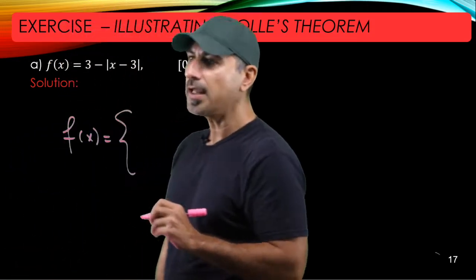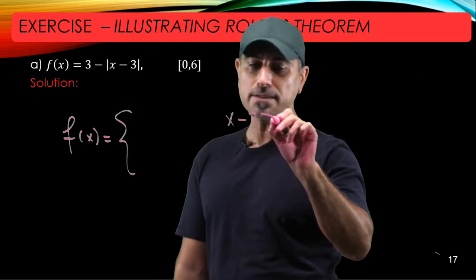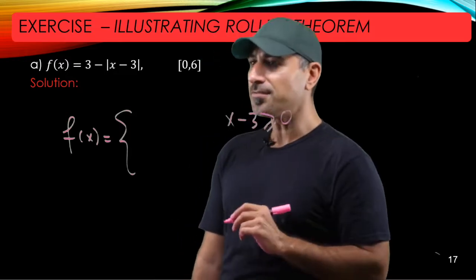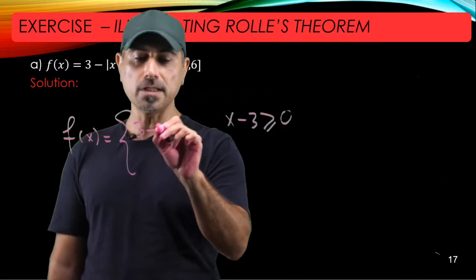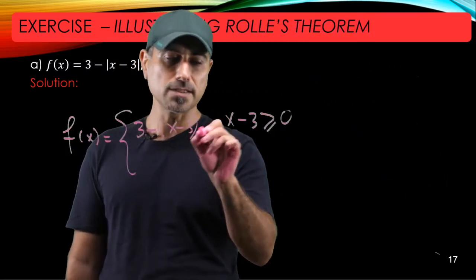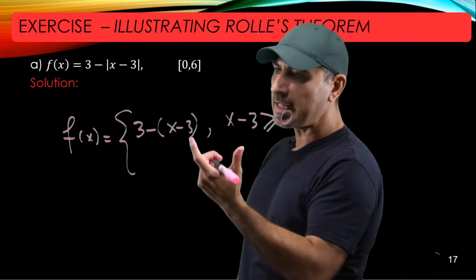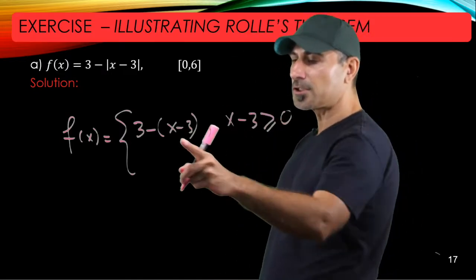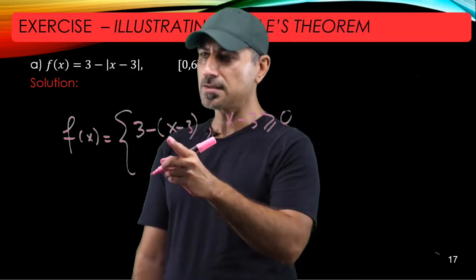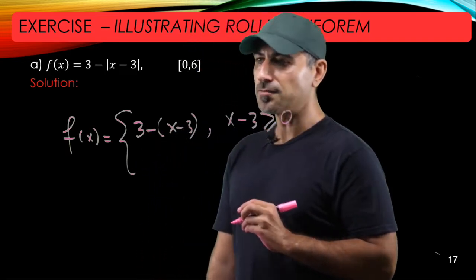If the inside of the absolute value is non-negative, then the function value is going to be 3 minus (x minus 3), since x minus 3 is positive. The role of the absolute value is to make the inside positive, but it's already positive, so the function value is going to be this piece, exactly 3 minus (x minus 3).